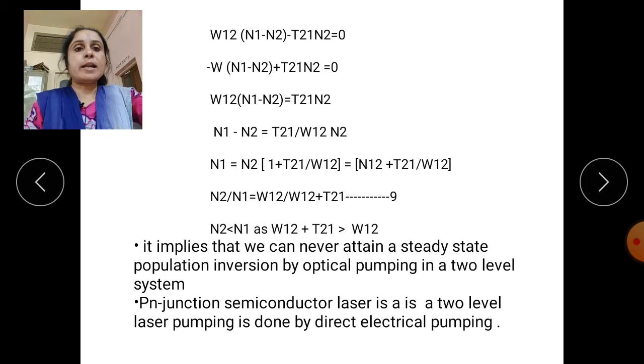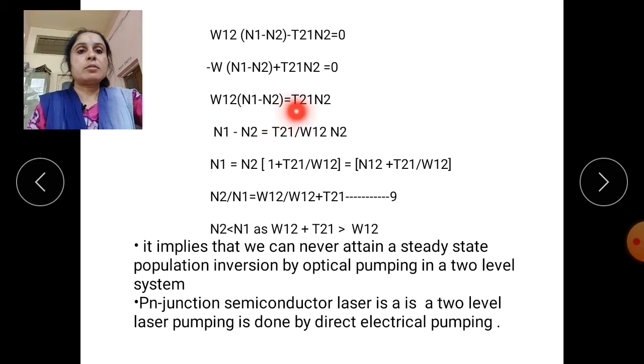So W12 (N1 minus N2) is equal to T21 N2. So, N1 minus N2 is equal to T21 upon W12 times N2. This equation will be generated.